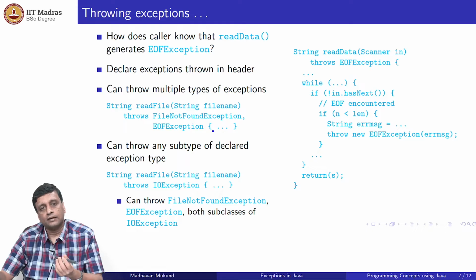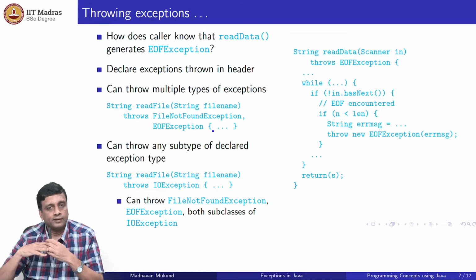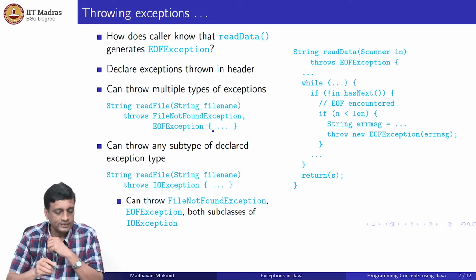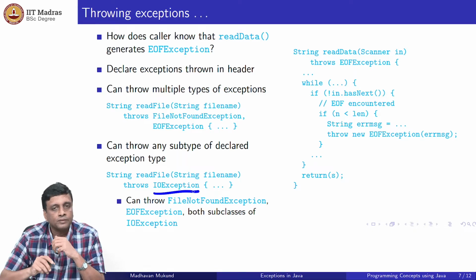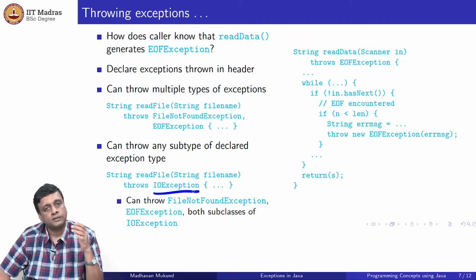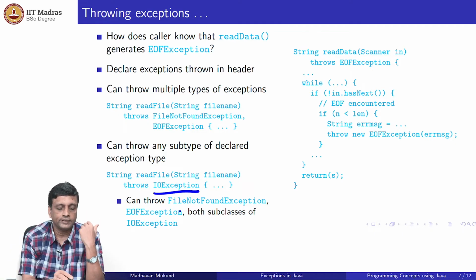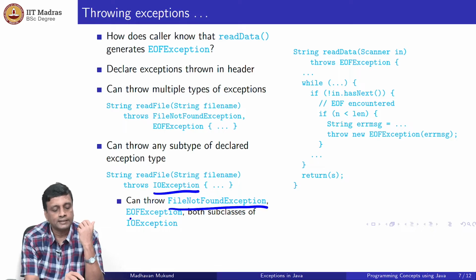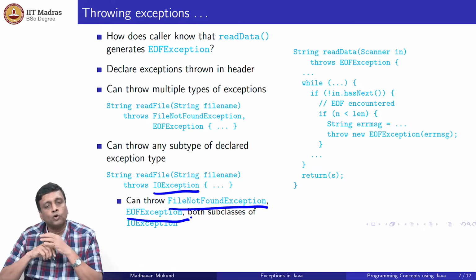Now, just like arguments are compatible with the hierarchy, so is this throws header, right? So when I say throws IO exception, what I mean is it can throw IO exception, but it can also throw anything which is a subclass of IO exception. So the code that receives this exception should be prepared for something which is either an IO exception or a subclass of it. So I can generate a file not found exception or an EOF exception because both of these are subclasses of IO exception, right?